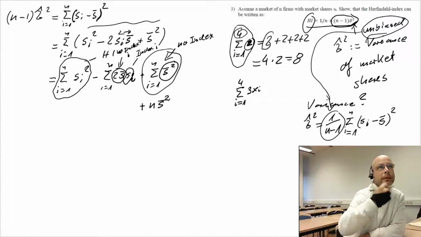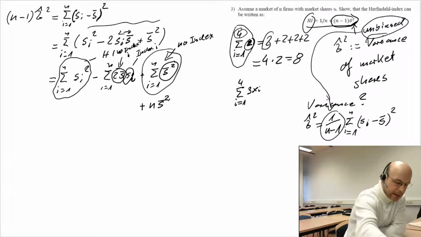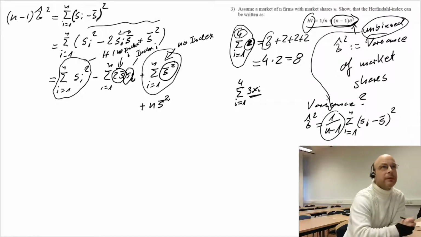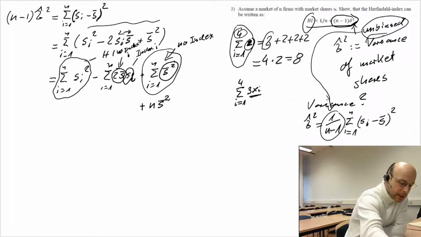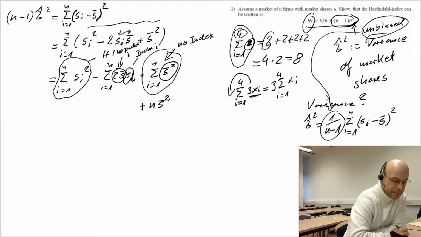Since we multiply every variable with the same constant number, we can move the 3 out of the summation: 3 times the sum for I equals 1 to 4 of xi.